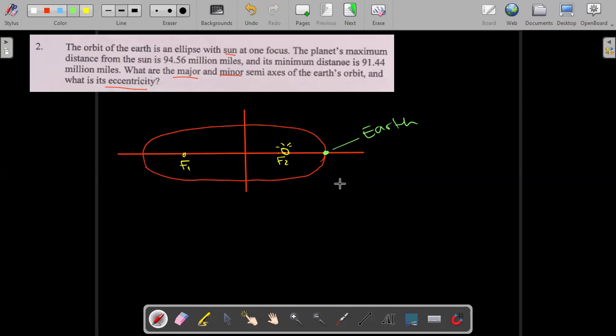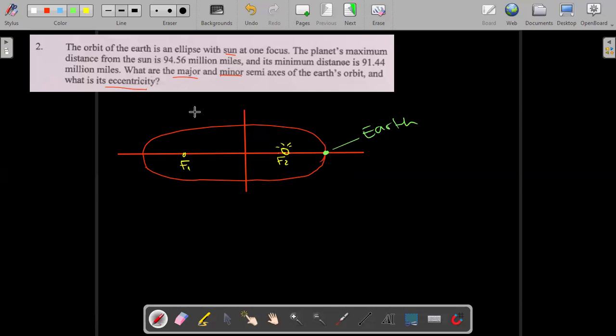Now they're telling you that the maximum distance from the Sun is 94.56 million miles. The Sun is here at F2.